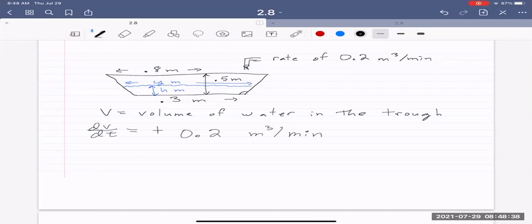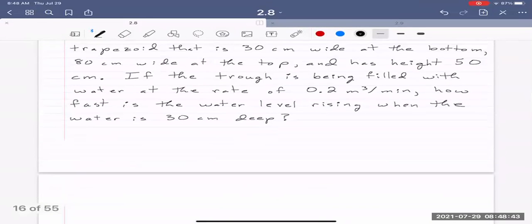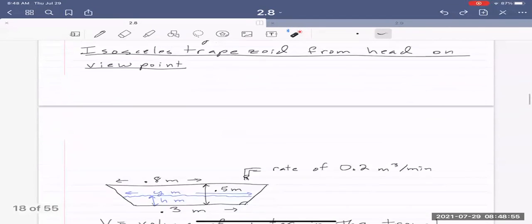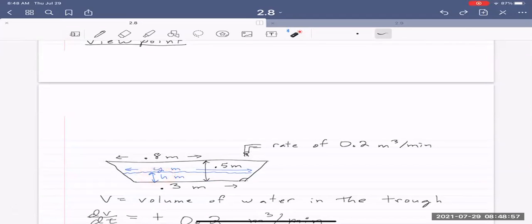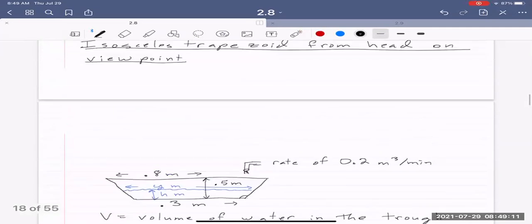Next, we want to figure out how fast the water is rising. So I want to find the rate of change of this. So I want to determine dH/dt. When? So when do I want to determine that?